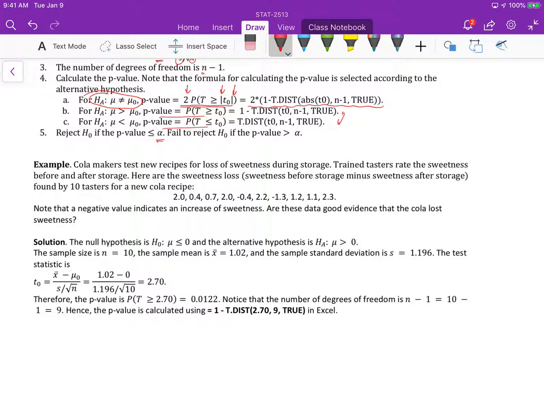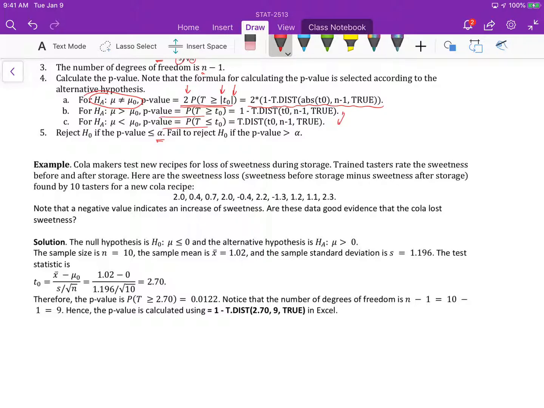In this example, cola makers test new recipes for loss of sweetness during storage. Trained testers rate the sweetness before and after storage. The following data include the sweetness loss for testers for a new cola recipe.